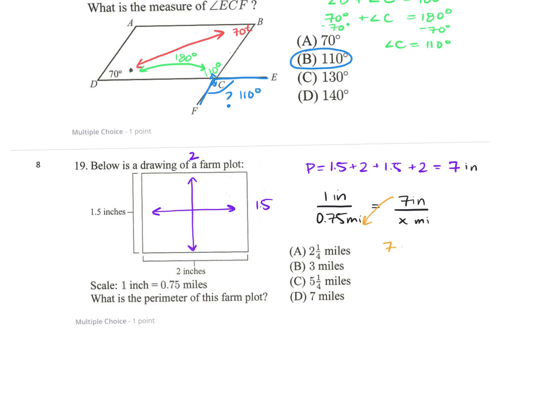So I get 7 times 0.75 is equal to 1 times x. So with a calculator, I'm going to type in 7 times 0.75, which gives me 5.25 is equal to x. So 5.25, that's 5 1/4, which is option C.